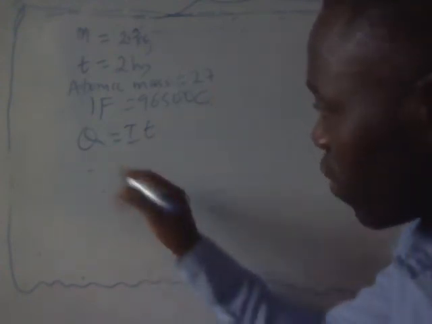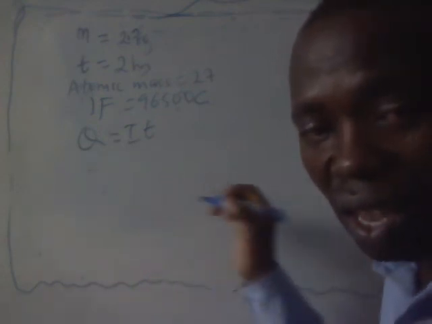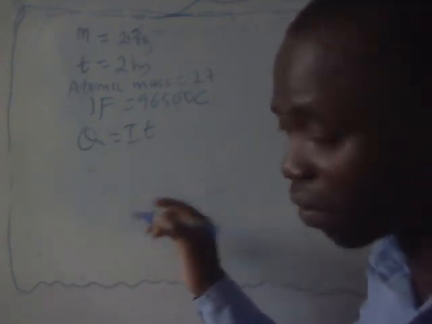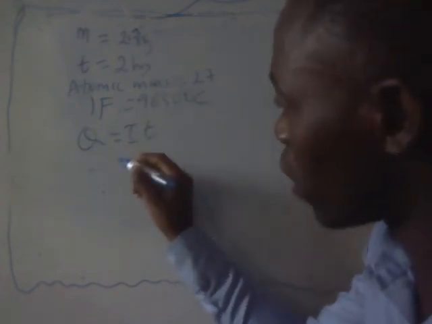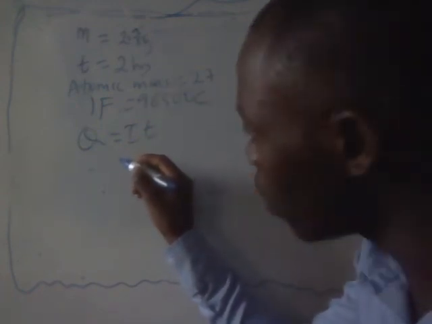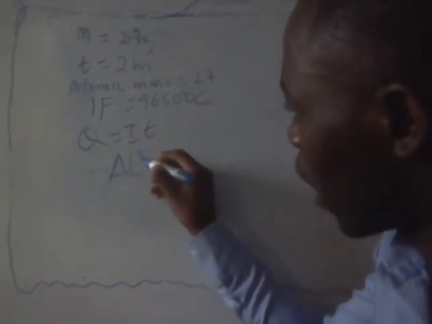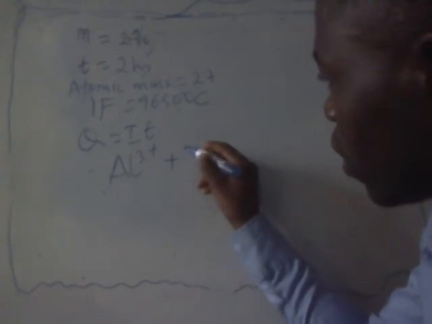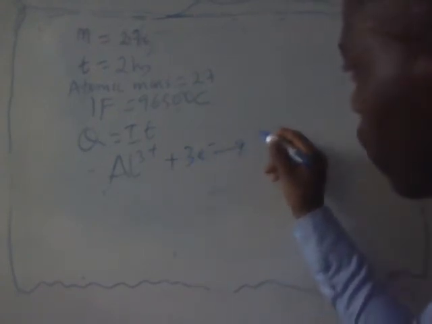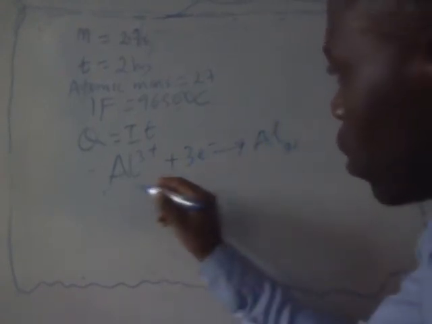So you write the cathodic half-cell reaction. At the cathode, you have Al3+ ions. Are you there? At the cathode, it accepts 3 electrons to give aluminium solid.